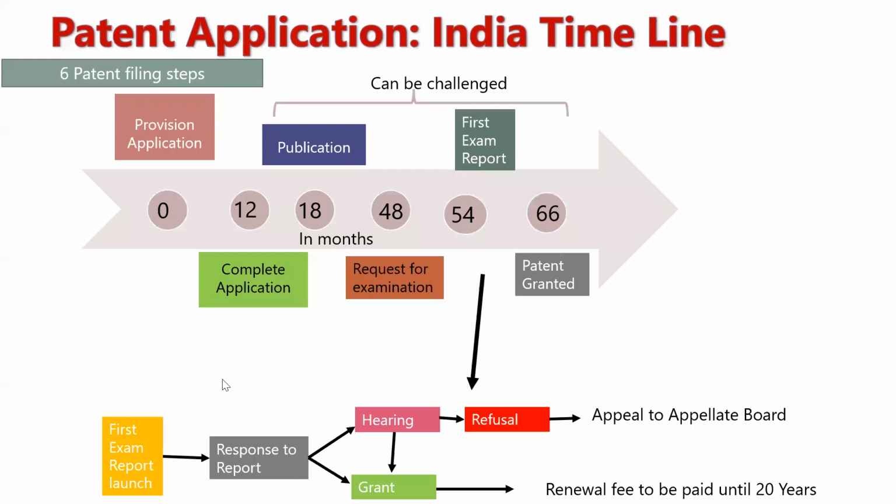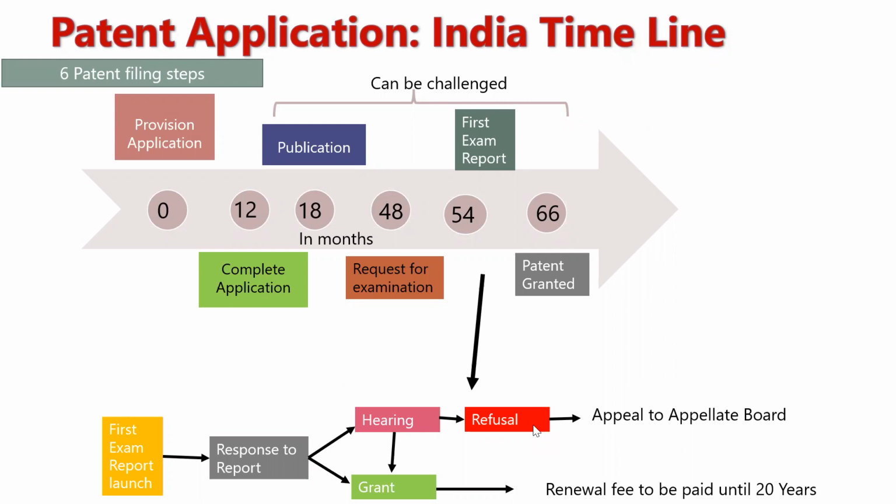In that case, you have to face the hearing, and if it is successfully completed, then the patent will be granted. If it is not successfully completed and you have a refusal, there is also a possibility to appeal to the appellate board. All the patent application filing process is done in the patent office, but any opposition case will be handled by the appellate board.